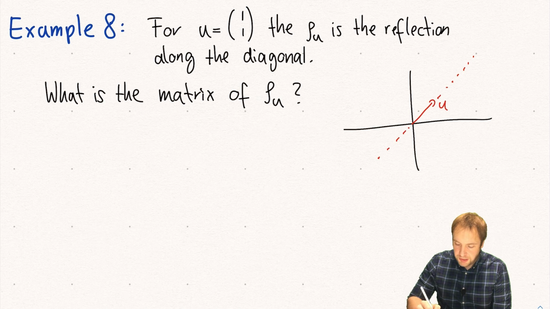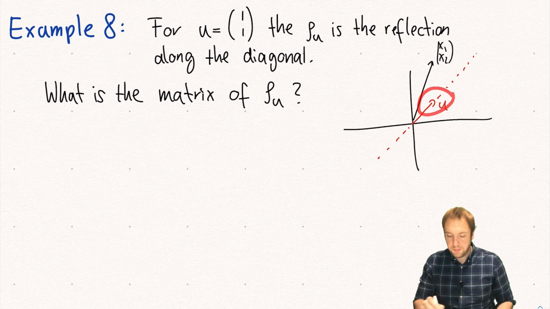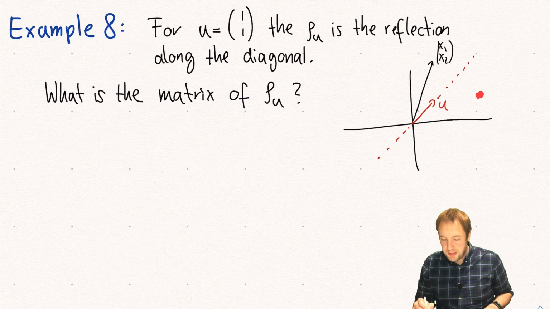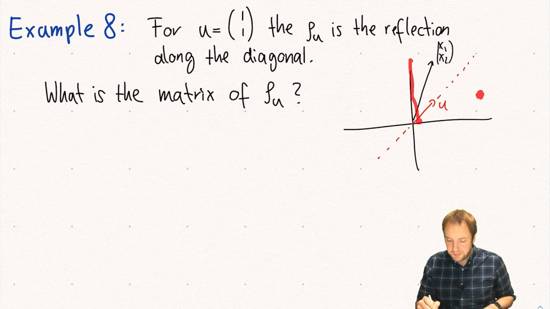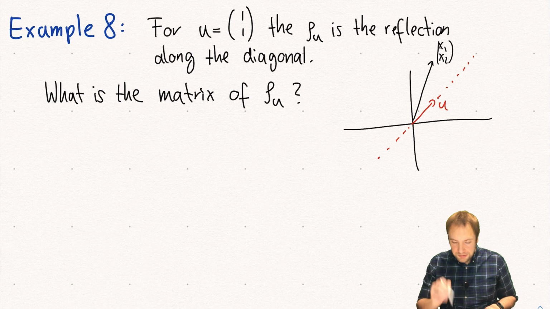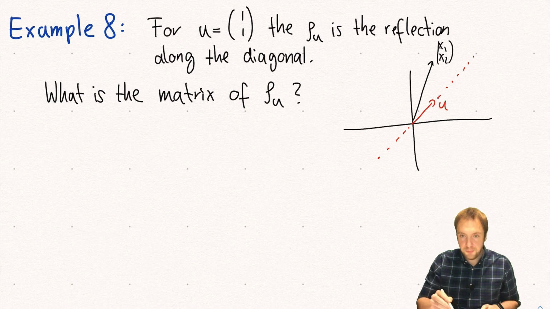So we want to see what happens to a vector (x1, x2) when applying this reflection. So we want to put it here. Maybe it's already clear what this should be. This length here will be this length, and this length here will be this one. So we will just change x and y, but let's see it by using the formula before.